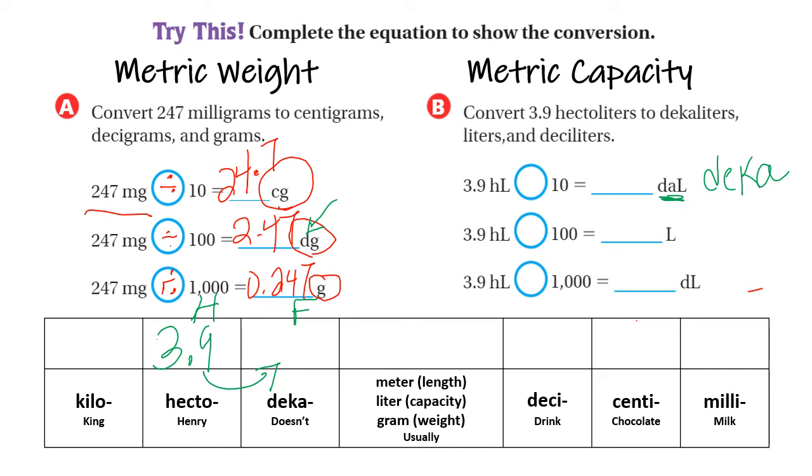Decaliters is our smaller unit. Horse to fly, we multiply. When you multiply, you move to the right. Remember, donkeys love many rainbows. Many rainbows, multiply right. So we are going to multiply times 10 to get to decaliters. So I'm going to take my decimal and move it 1 spot over, and that would give me 39 decaliters.